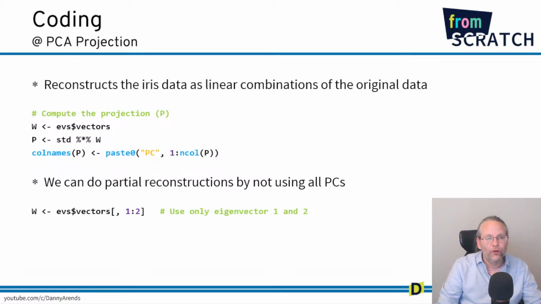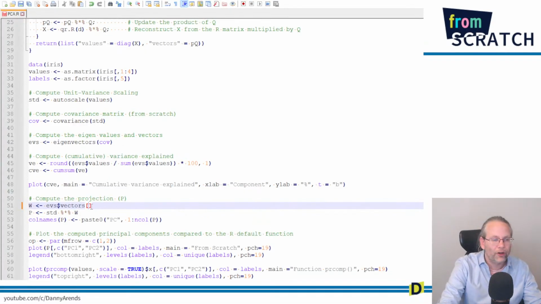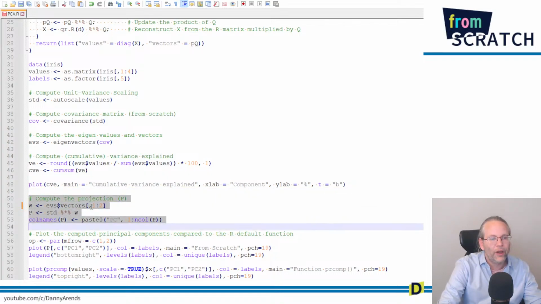Right, let me show you how we can do that. I'm just going to go to Notepad, right? I'm going to take the first 2 columns of the W matrix, multiply them together with the data, and then I get P, right? Now we see that P is a 2-column matrix, and it's still an uncorrelated matrix.